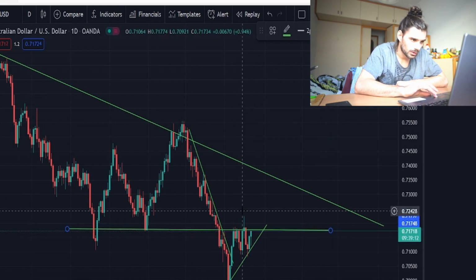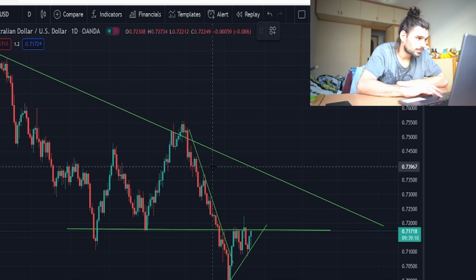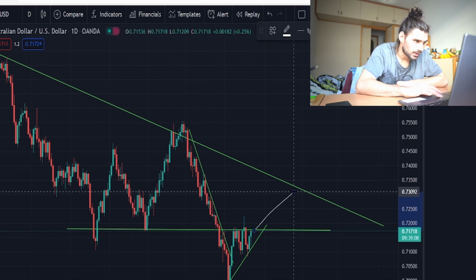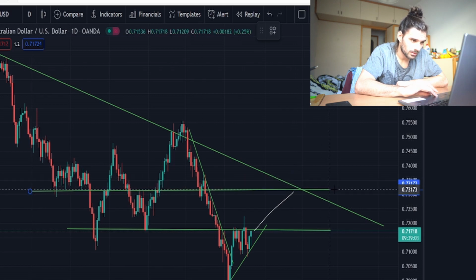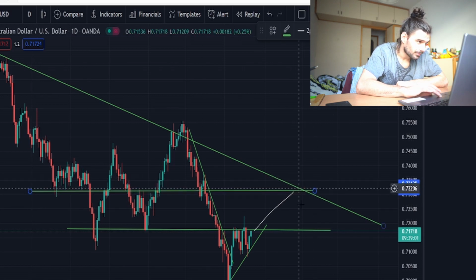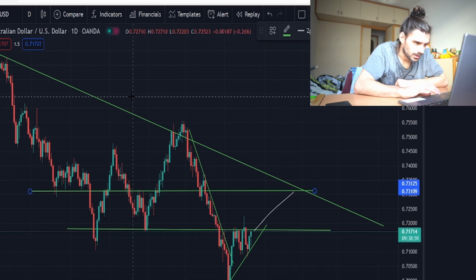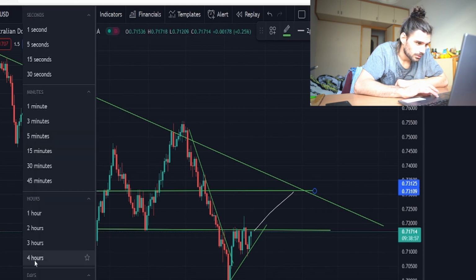So initially we could reach this trend line at the highs of this resistance line and maybe then continue. But this is just a short look at the Australian USD.